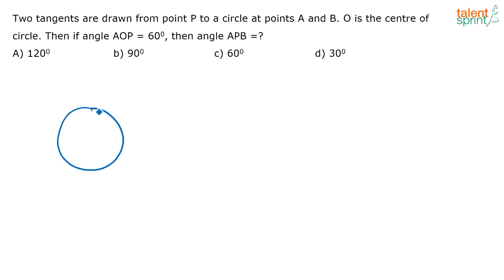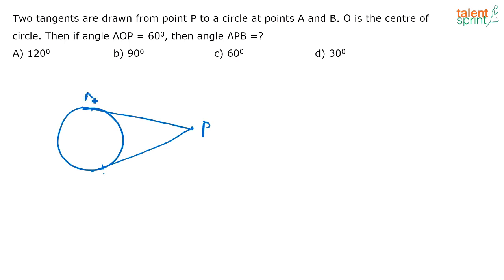Now you have a circle. Now what is given? 2 tangents are drawn from a point P to a circle at points A and B. So 2 tangents are drawn means this is one tangent, okay, and this is another tangent.